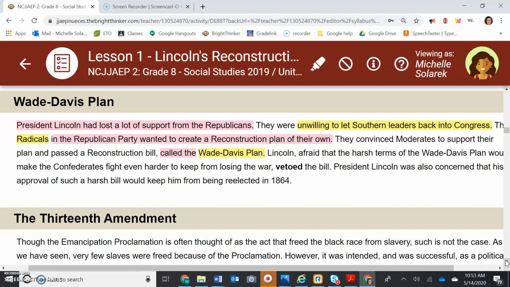So the next question, and this is question number 10. Why did President Lincoln lose a lot of support from the Republicans? Question number 10. And your answer is going to be because they were unwilling to let the Southern leaders back into Congress. Unwillingness to let Southern leaders back into Congress.